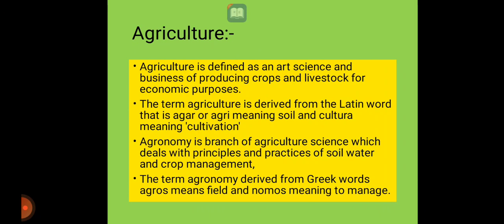Agronomy is one of the important branches of agricultural science, which deals with the principles and practices of soil, water, and crop management. It is the heart of agriculture. The word agronomy is derived from two Greek words: agros, meaning field, and nomos, to manage.